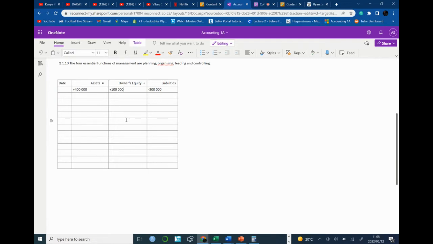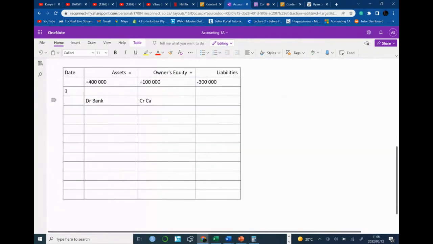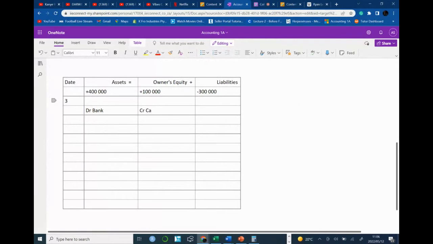The owner contributed 10,000 into the bank account of the business via EFT. That's easy. That means that bank is increasing, so we're debiting that bank. And then we are obviously crediting capital. Let me zoom in there so you guys can see clearly.